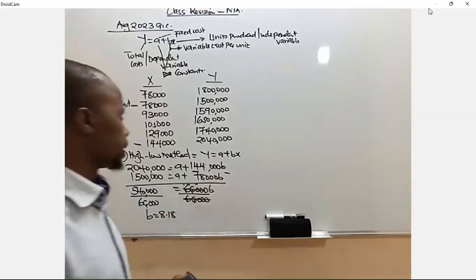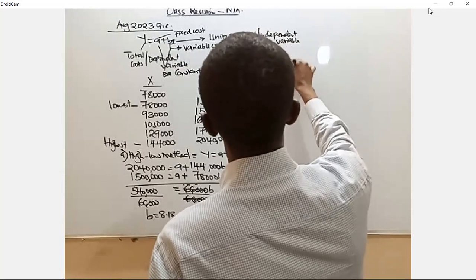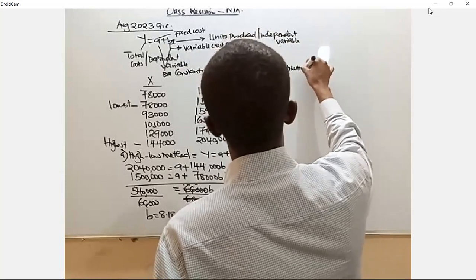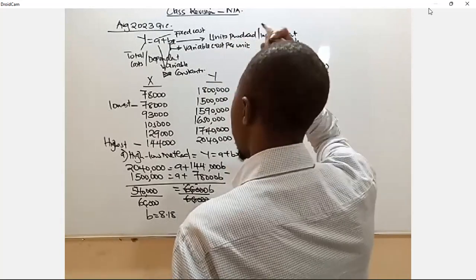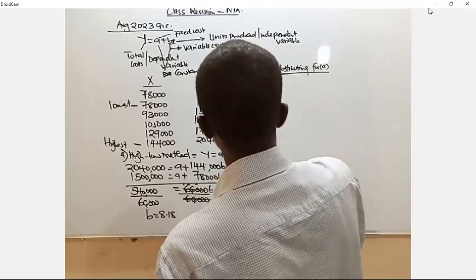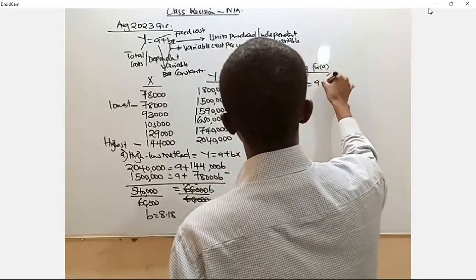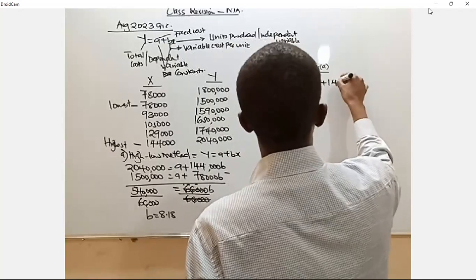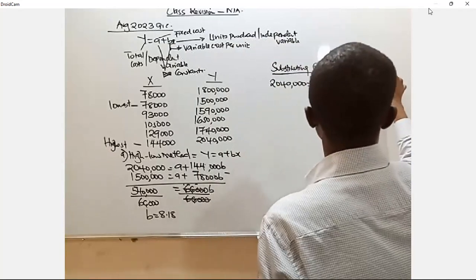Once you finish doing this, can we do substitution? Substituting for A, let me take my first equation: 2,040,000 is equal to A plus 144,000 multiplied by the value of B, which is 8.18.